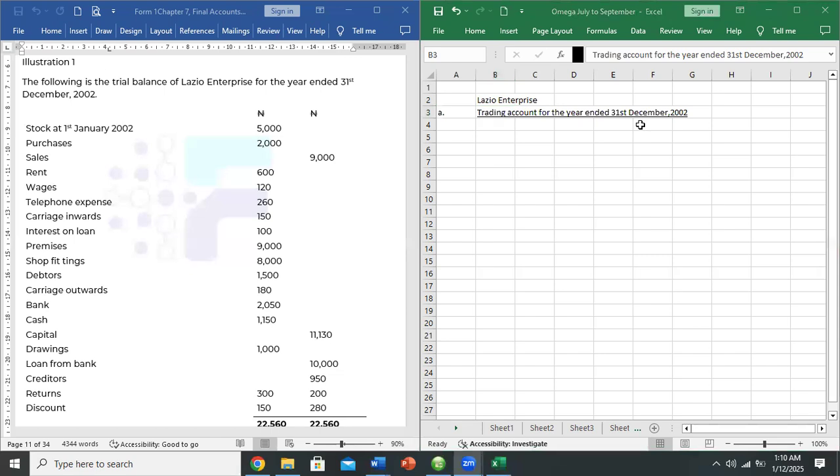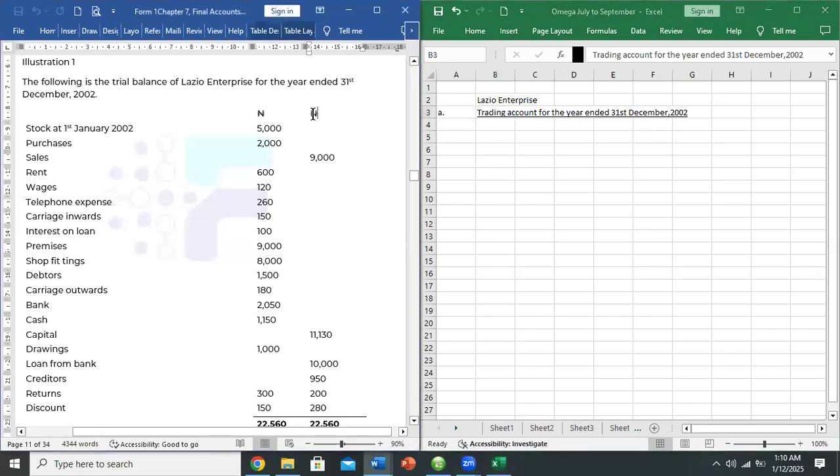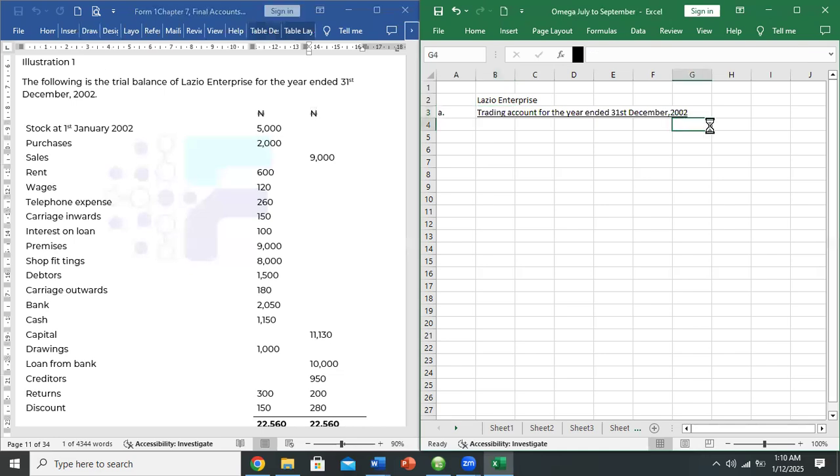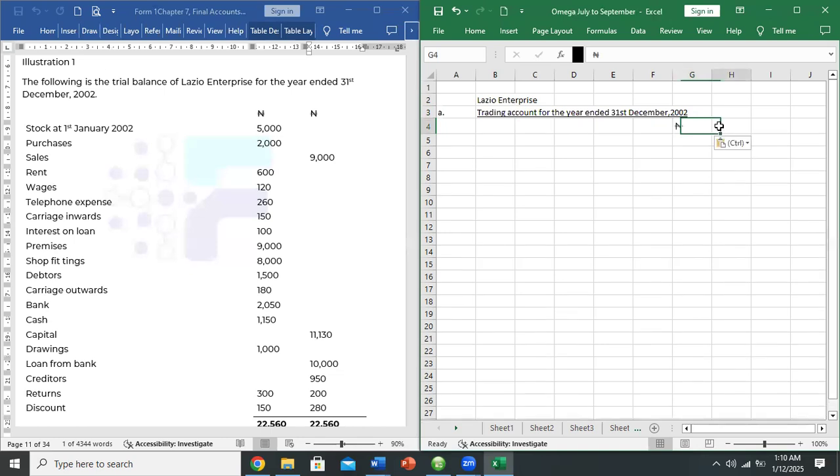Okay, so let me put in the currency, which is Naira. So we begin with the first item, sales.